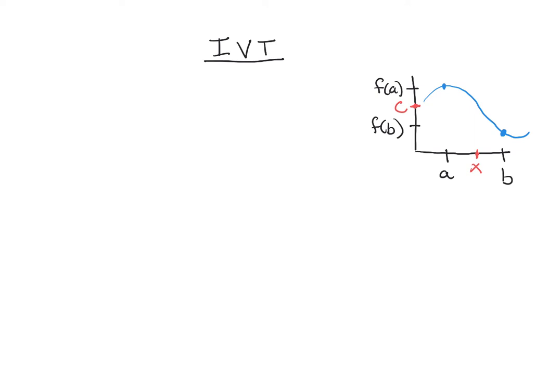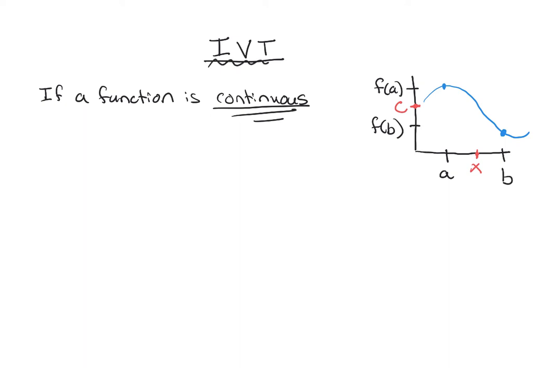So the intermediate value theorem says if a function is continuous, that is a very important keyword. Unless it is stated that a function is continuous, IVT will not work. So we need to know it's continuous.